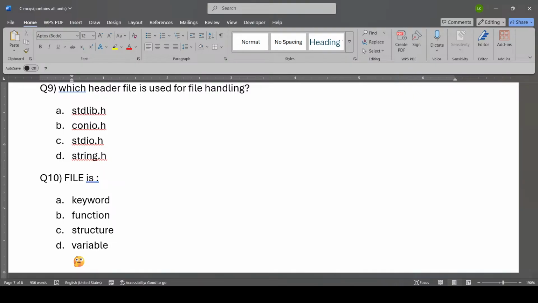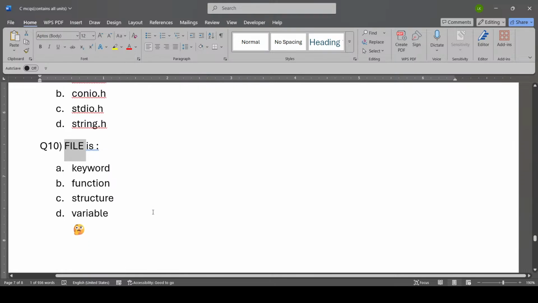It's a very important question. Whenever you write FILE, what does this mean? Is it a keyword, a function, a structure, or a variable?